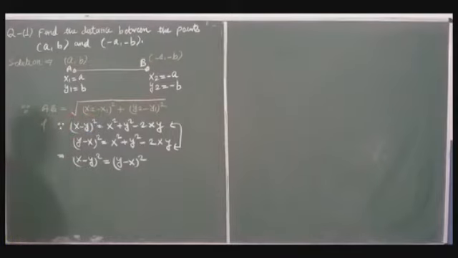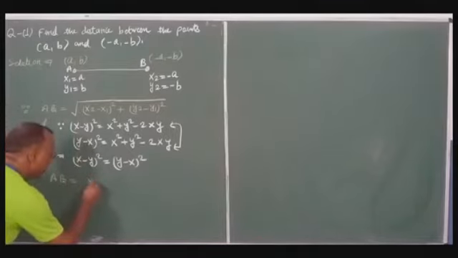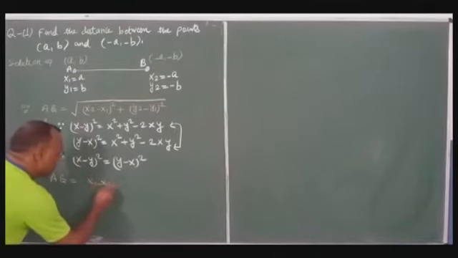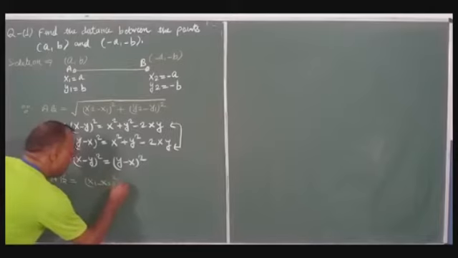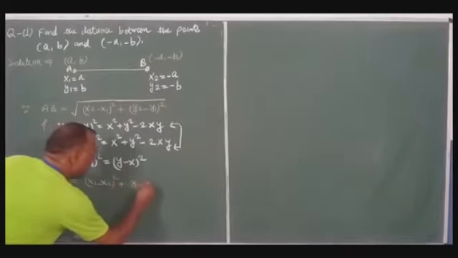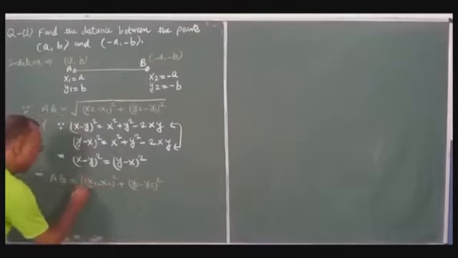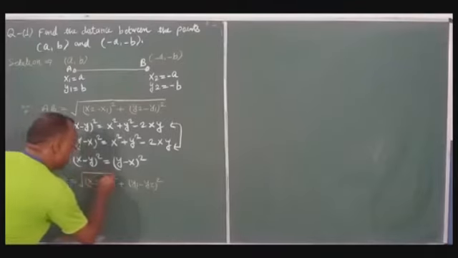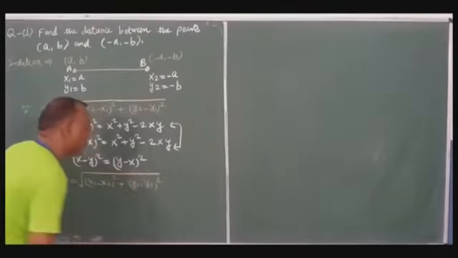You can use it. Therefore, AB can also be written as the square root of x1 minus x2 whole square plus y1 minus y2 whole square.